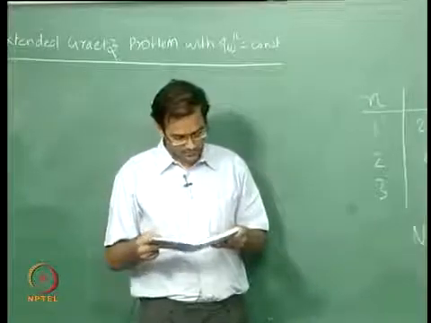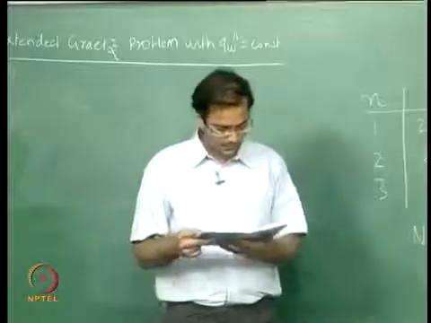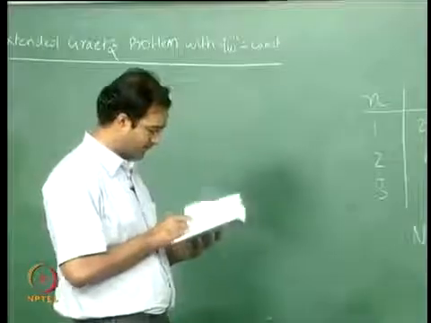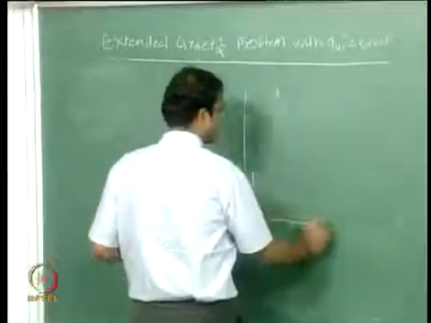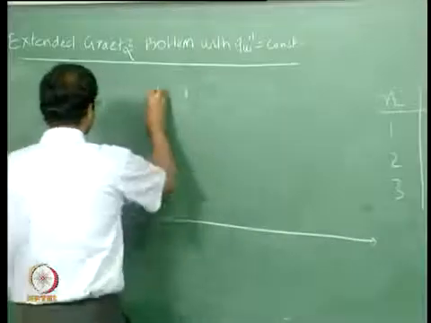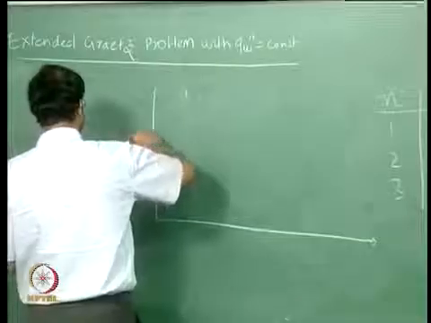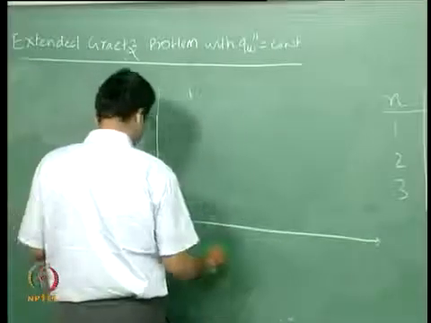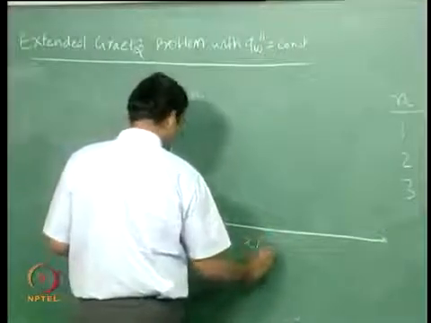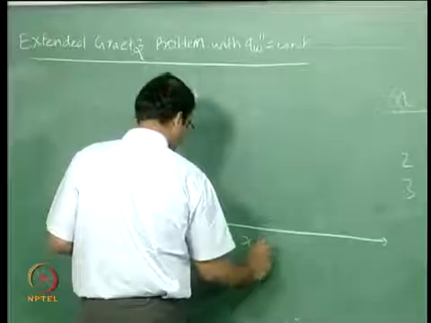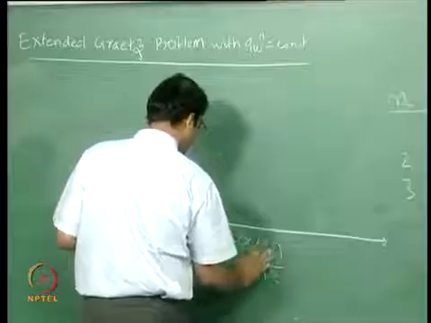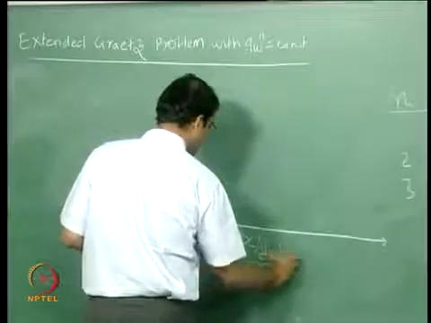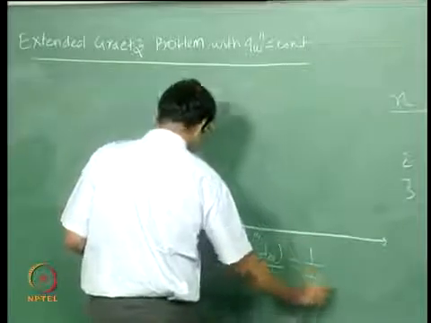I am not going to give that, otherwise it becomes too many correlations. So I am just going to plot the variation of the local Nusselt number with all the three different boundary conditions as a function of x by r naught by Peclet number, or you can plot it as x by d naught, which is 1 by Graetz number.